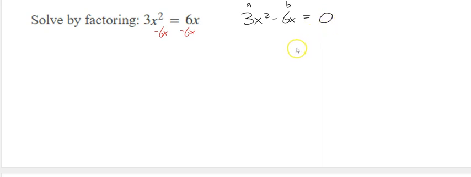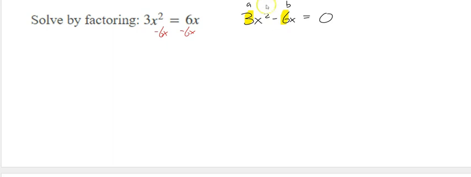Let's go ahead and start solving. One thing I want you to pay attention to, if you remember, the first thing in factoring is, notice we have this 3 and this 6. They are common multiples.